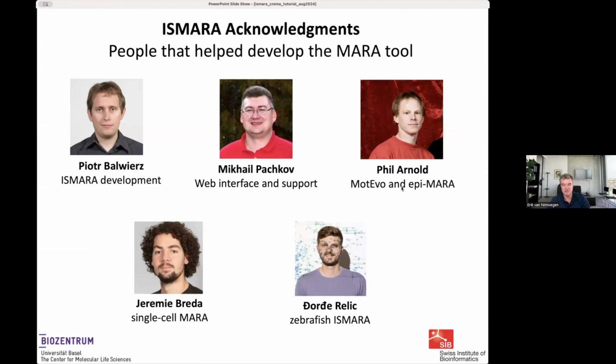These binding site predictions were made by a tool developed by Phil Arnold. And recently we made a zebrafish version that Georgia worked on. One of the new things we have is a single cell version of this tool for single cell RNA-seq. But as I said, this will be another tutorial at some point in the future.